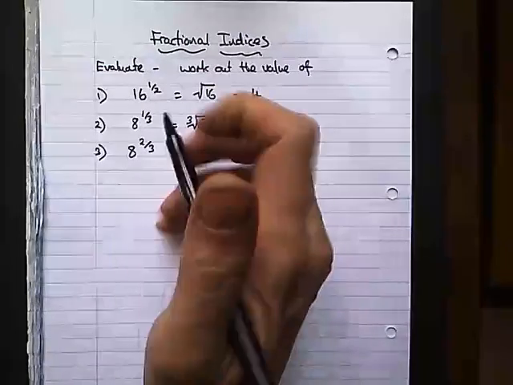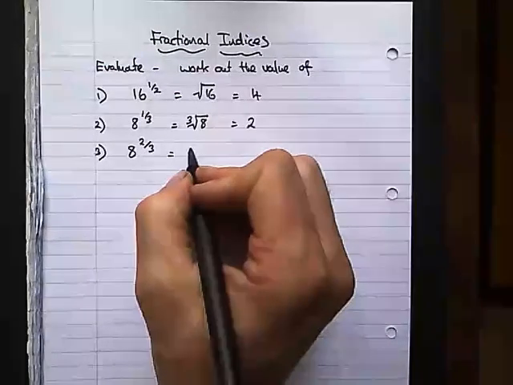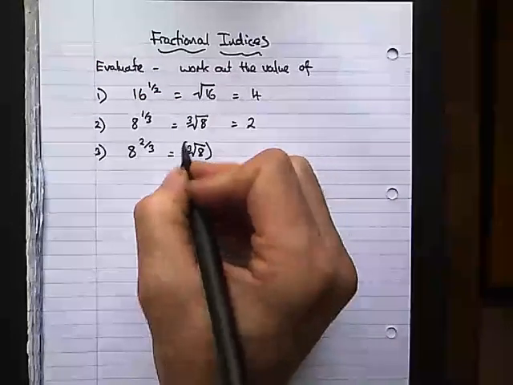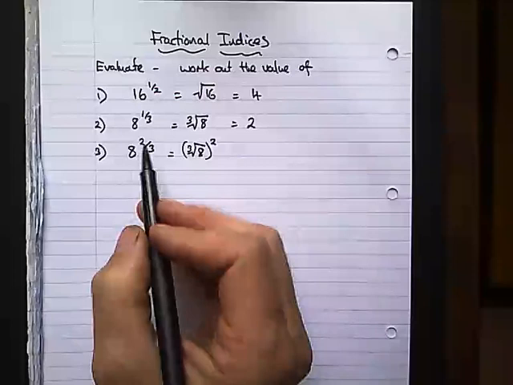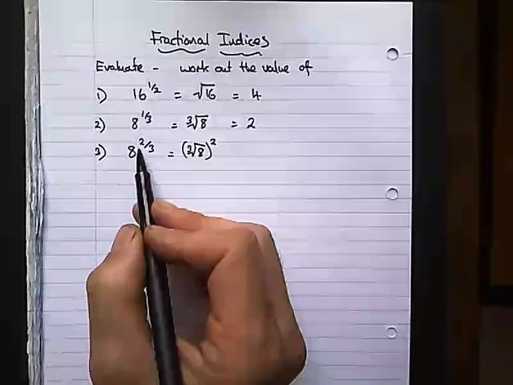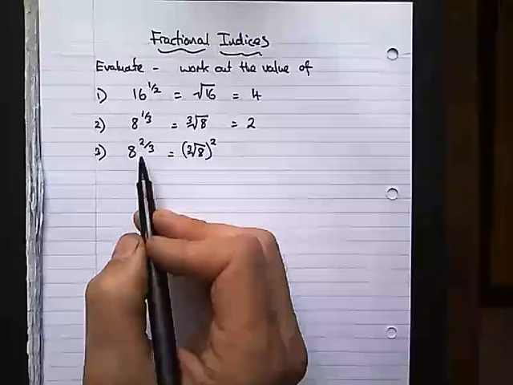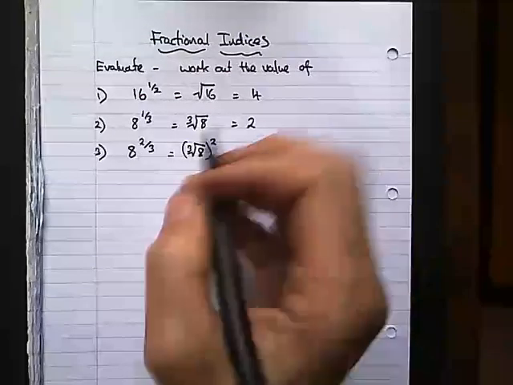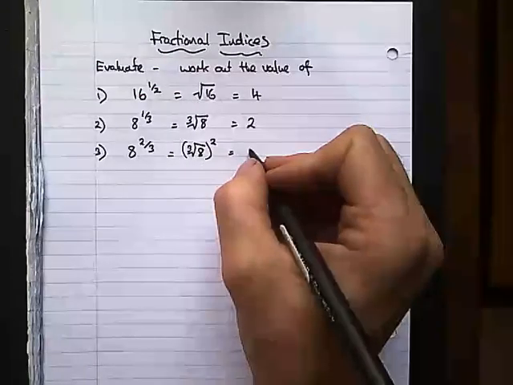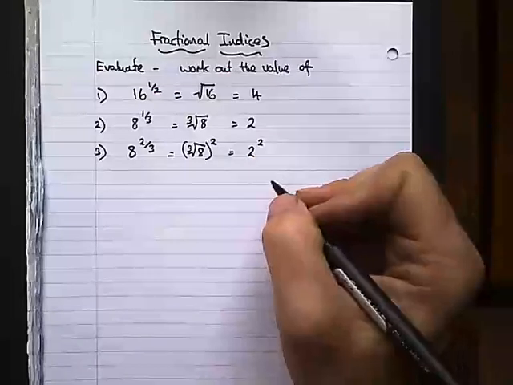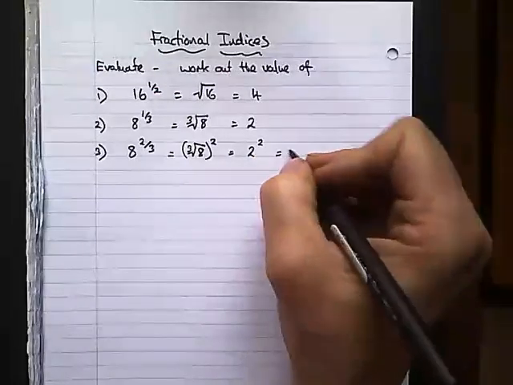So what this is telling you is I want the cubed root of 8, and then I want to square the answer because it's a 2 on the top. If it were a 4 on the top, I'd have to multiply the answer by itself 4 times. So the cubed root of 8 is 2, and then I want to square the answer. So 2 squared is 4.